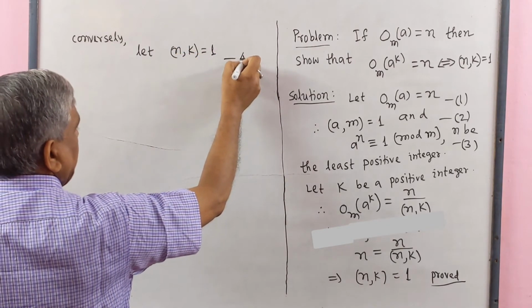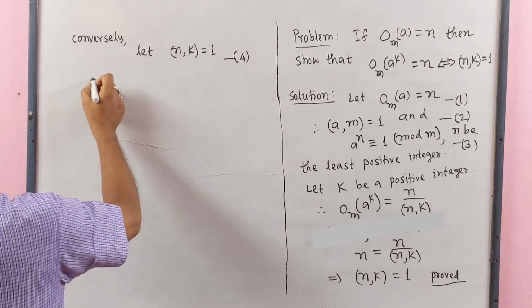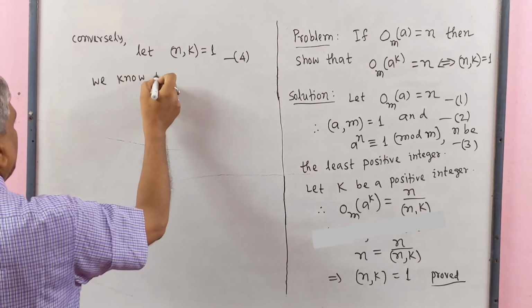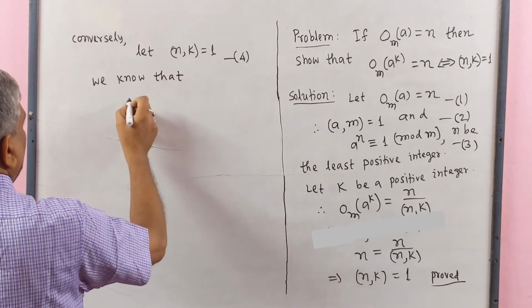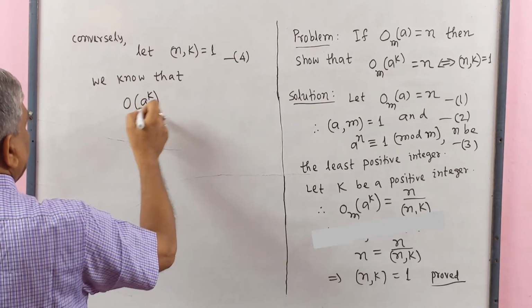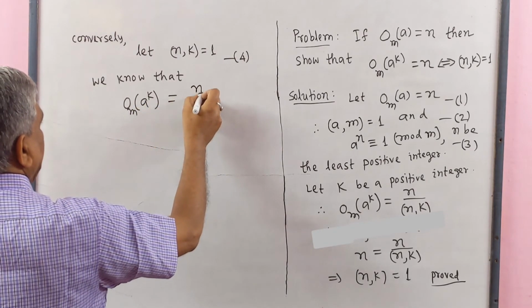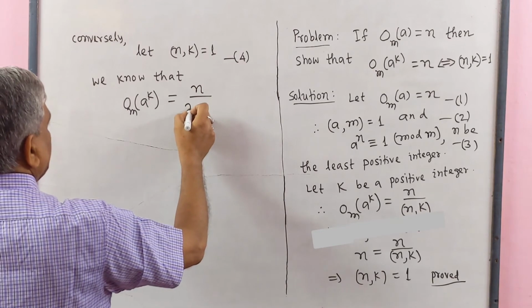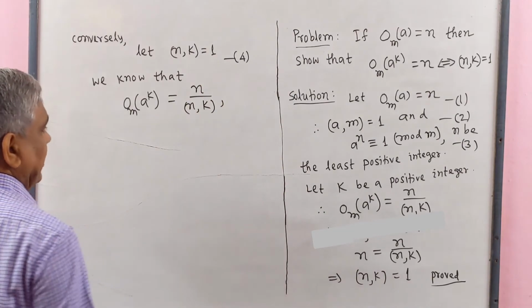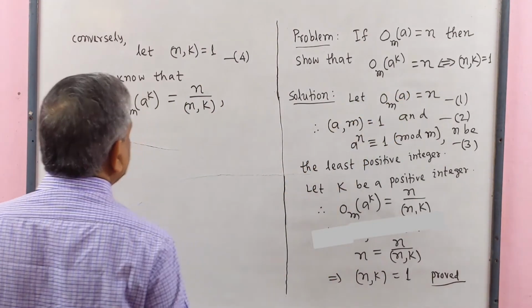Let this be number 4. We know that order of a to the power k modulo m equal to n by GCD of n and k, where n be the order of a modulo m.